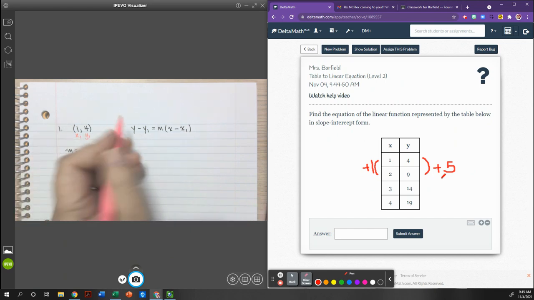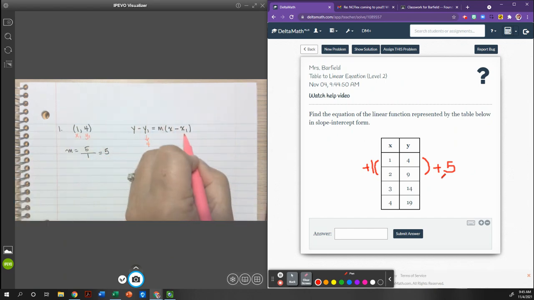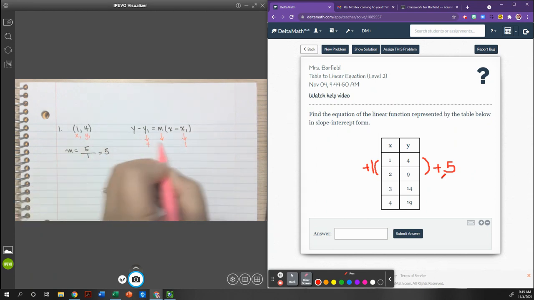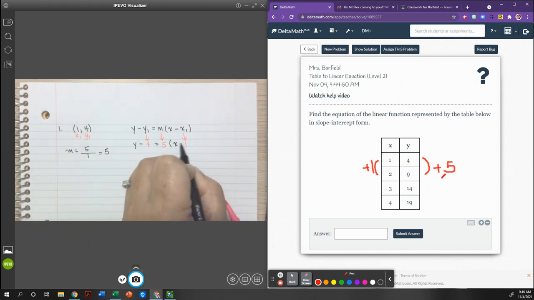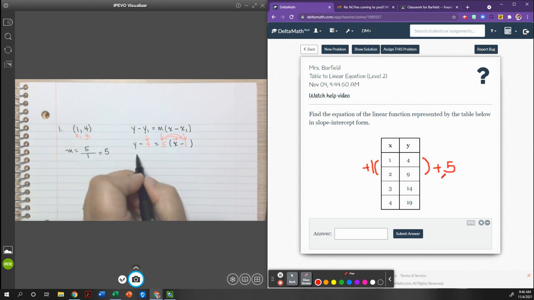So in this case, my y1 is 4, my x1 is 1, and I just found my m, which was 5. So bring down the y minus, bring down the x minus. You should be getting used to this now. Distribute.